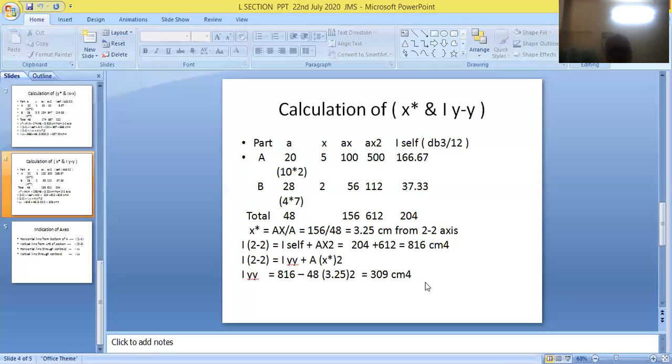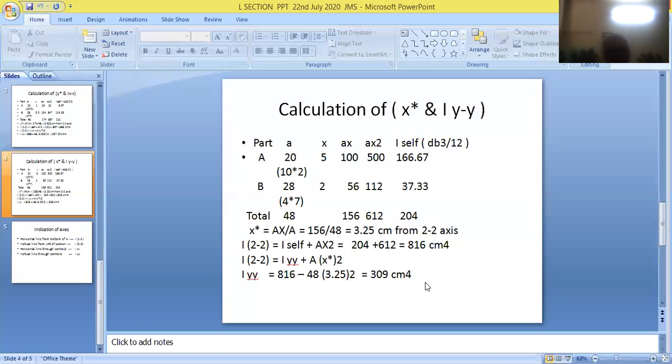Now finally, we got the values of X bar, we got the values of Y bar. So it can be plotted in the figure that is given in the problem. Draw a horizontal line passing through the centroid. It is called the XX axis. And draw a vertical line passing through the centroid. It is called the YY axis.